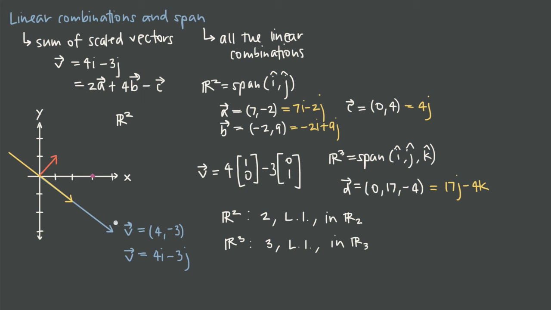In the same way, instead of lying along the same line, if in R3 my vectors all lie in the same plane, so if I have something that looks like this in 3-dimensional space, so let's just draw some quick 3-dimensional axes like this.